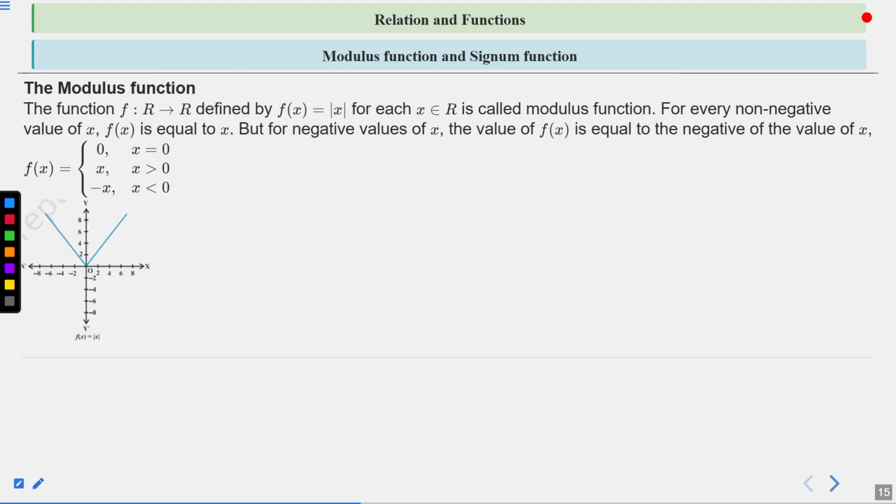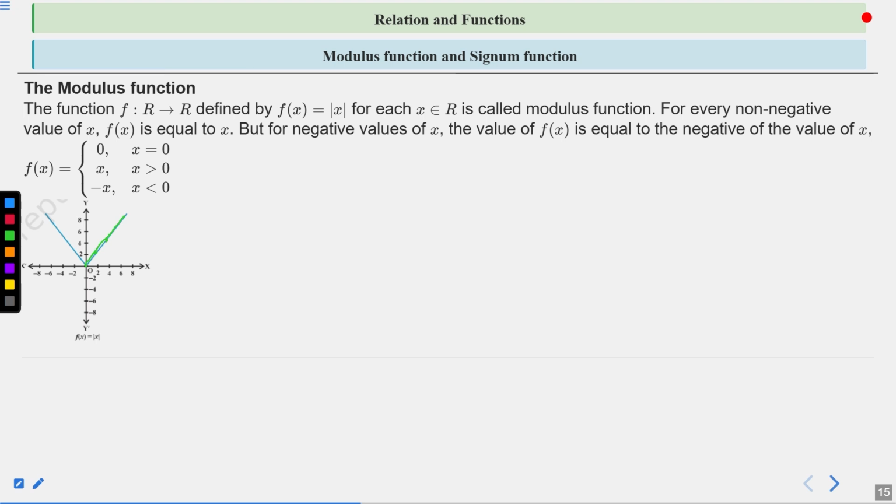The graph will be, if at 0 the output is 0, so the pair 0 comma 0. At any positive real number you will get the same real number. So at 2 you will get 2, at 4 you will get 4, and so on. Join them, you will get your line. For any negative number, the output will be minus of the negative number.